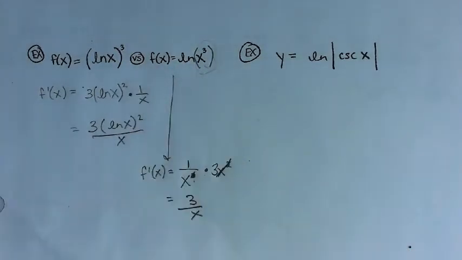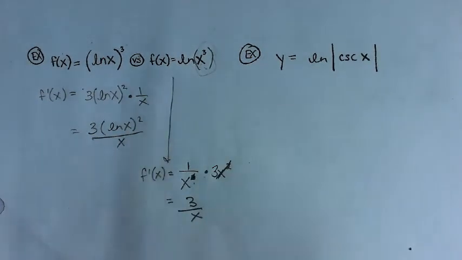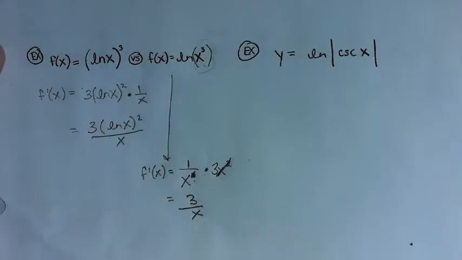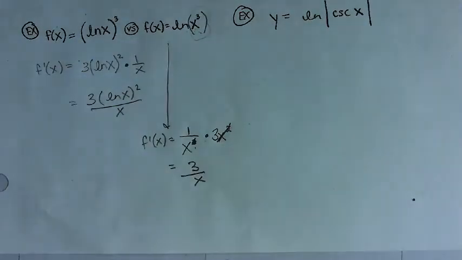The derivative of x cubed is just 3x squared. But then, why do you sometimes then take the derivative of what's inside that? What's inside of that is just x, so the derivative would just be 1. So 3x squared.